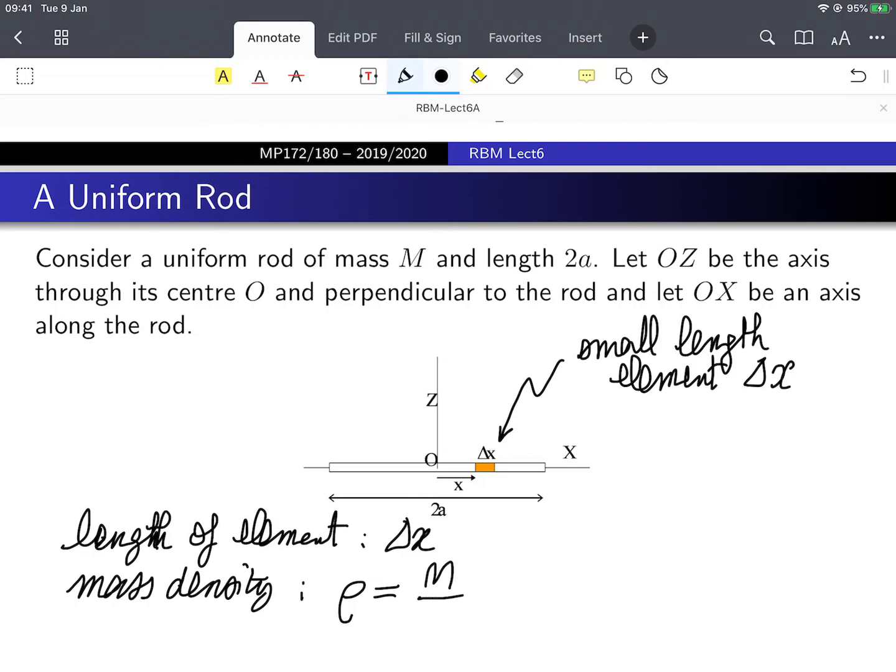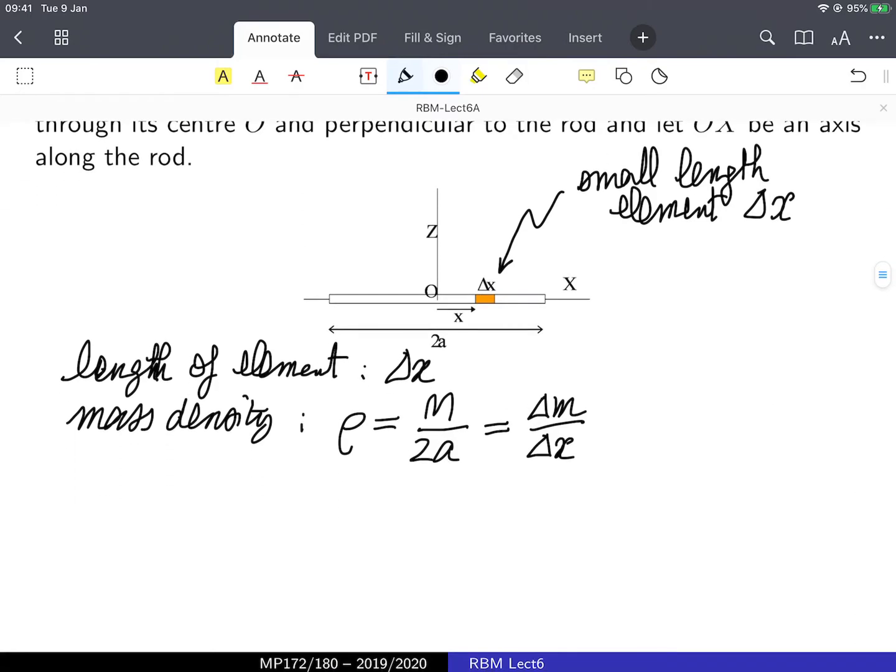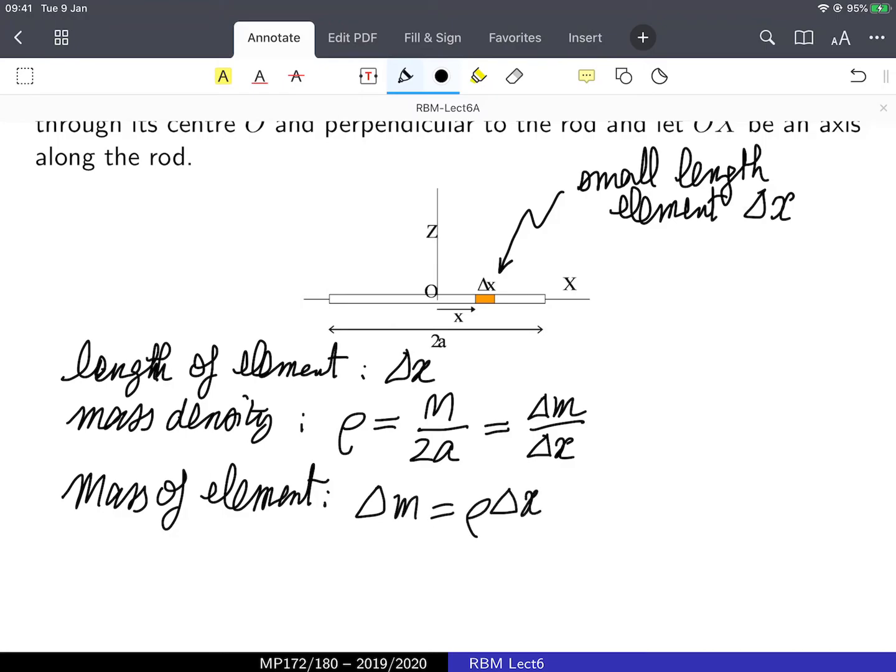For the whole rod, it's going to be m over total length, which is 2a. For a small element, it's going to be delta m over delta x. So from this, I can deduce the mass of an element.